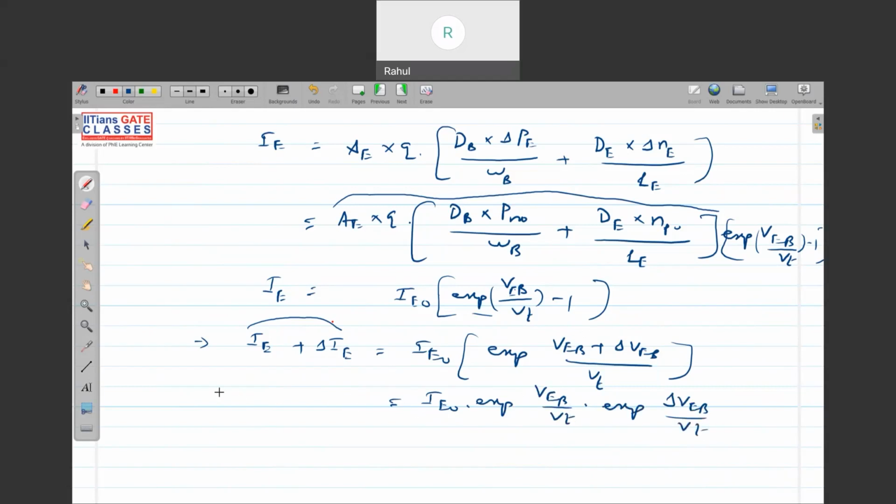This term is nothing but your current I. Assuming del VEB is very, very small compared to VT, because I am increasing the emitter to base voltage just a little amount, the exponential can be replaced using the Taylor series, 1 plus del VEB by VT.